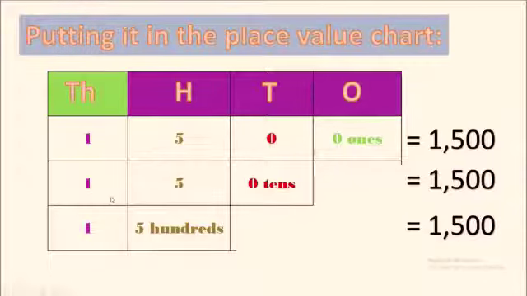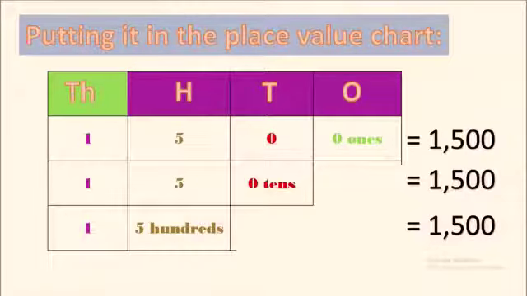To know how many tens are there in 1500, we have to take all the digits that are till tens place. So we have 1, 5 and 0, that becomes 150 tens. Now to know how many hundreds are there in 1500, we have to take the digits only till hundreds place. So there are only two digits, 1 and 5. So that will become 15 hundreds.